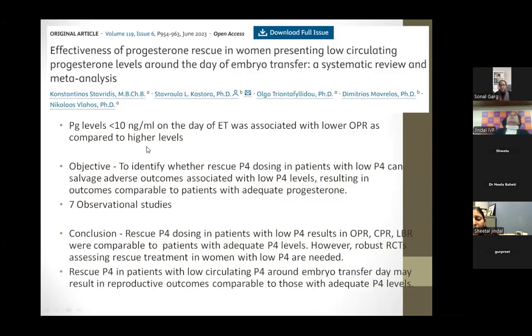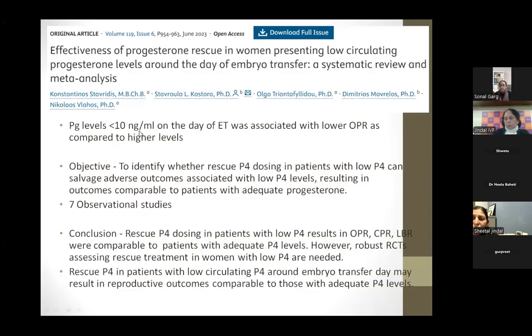Along with that, people also noticed that the serum progesterone levels might not be sufficient if we are using only one route, maybe in the form of vaginal progesterone. So people started measuring serum progesterone levels.